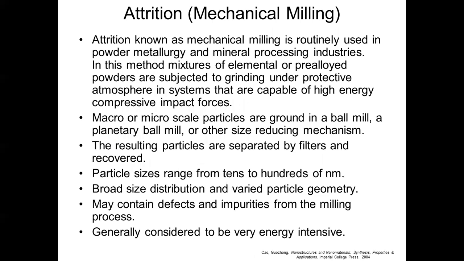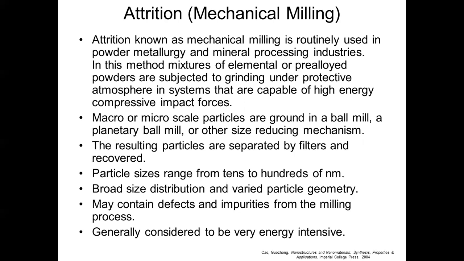In this method, mixtures of elemental or pre-alloyed powders are subjected to grinding under a protective atmosphere in systems that are capable of high energy compressive impact forces. Macro or micro scale particles are ground in a ball mill, a planetary ball mill, or other size reducing mechanism. The resulting particles are separated by filters and recovered. Particle sizes range from 10 to hundreds of nanometers.